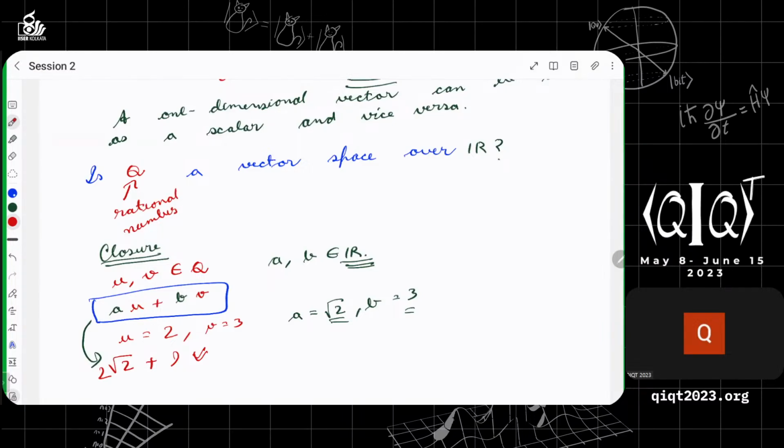In case you are a little rusty, rational numbers are any real numbers which can be written in the form p by q, where p and q are integers. If a number can be written in this form, this is a rational number. Now root 2 is not a rational number. So is 2 root 2 plus 9 a rational number?